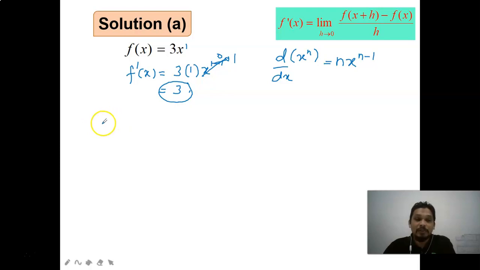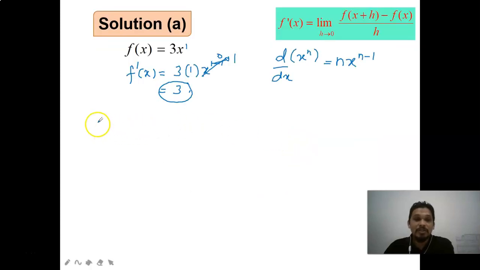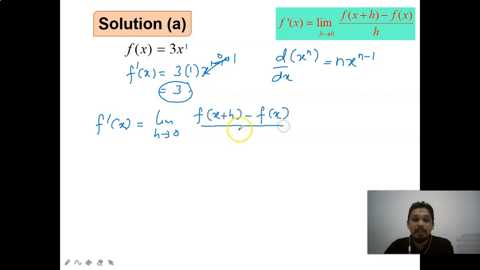So right now, let's see it again. f prime x equal to the limit as h approaches 0 of f(x plus h) minus f(x), divided by h. So f prime x equal to the limit h approaching 0, f(x plus h) minus f(x) divided by h.